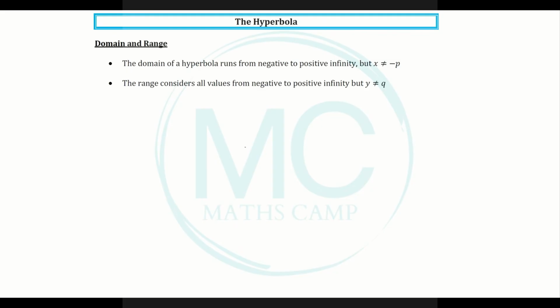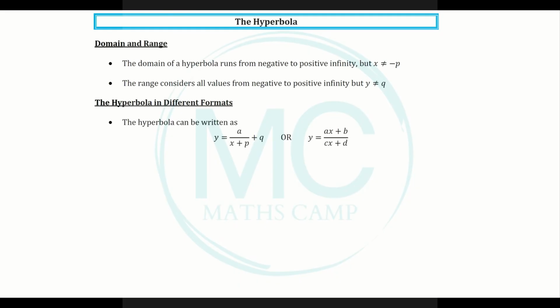The hyperbola can take on different formats. It can be written as y is equal to a over x plus p, plus q, or it can be written as y is equal to ax plus b over cx plus d. Please remember that if you have a fraction with an x term in your denominator, you are working with a hyperbola.